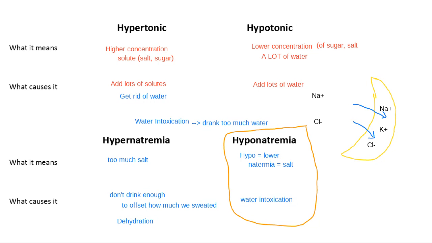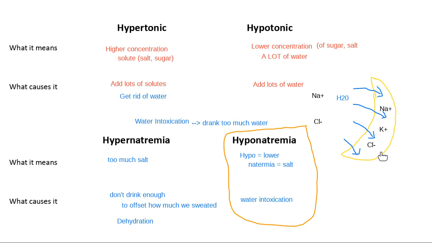Because remember, here's something that some of us said in group work. Water follows salt, right? Water follows salt. So if I dilute the solution that's on the outside of my cells, if there's too much water out here because the salt level is too low, what's going to happen is all of that water is going to rush inside my cells.